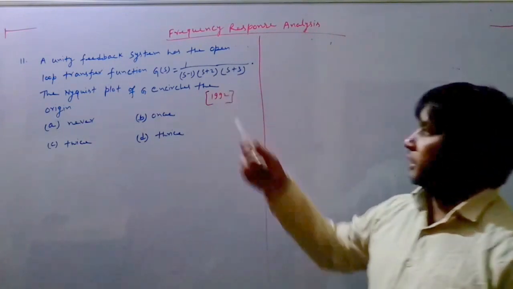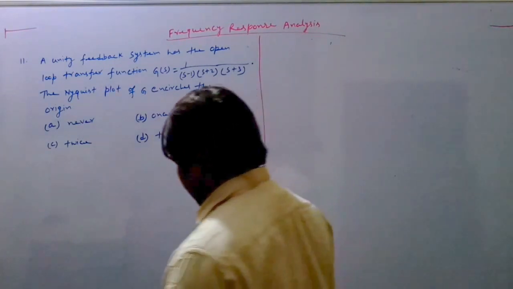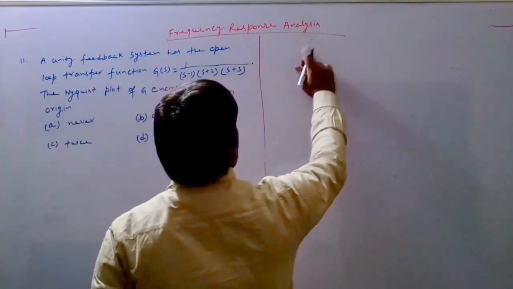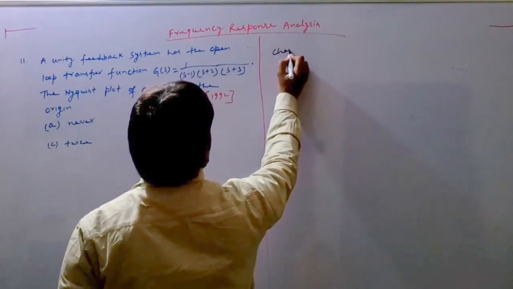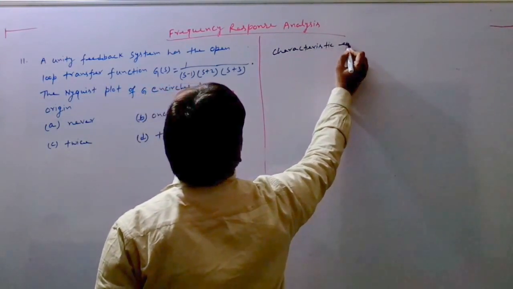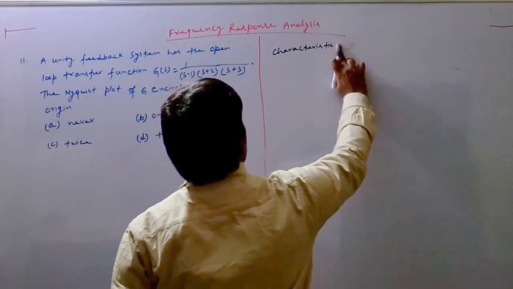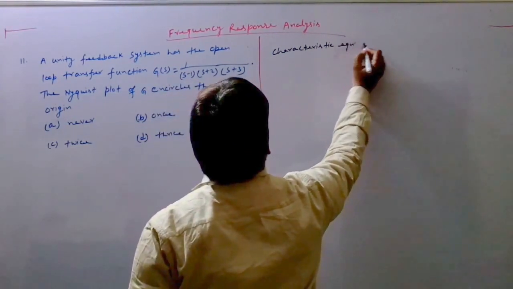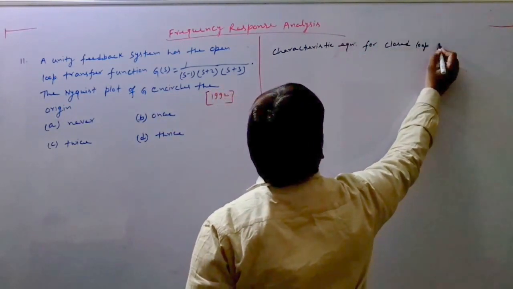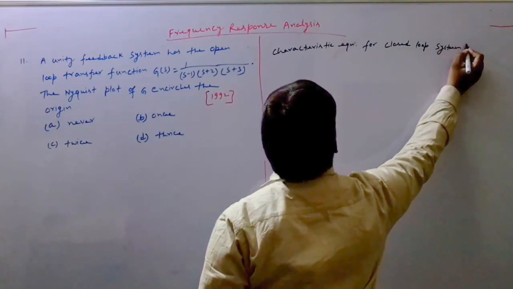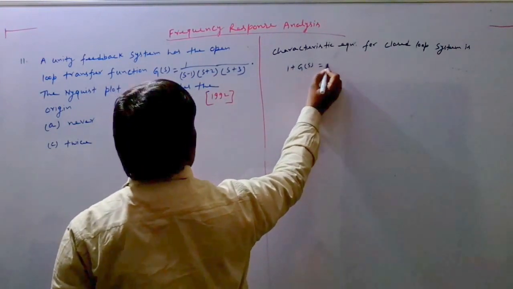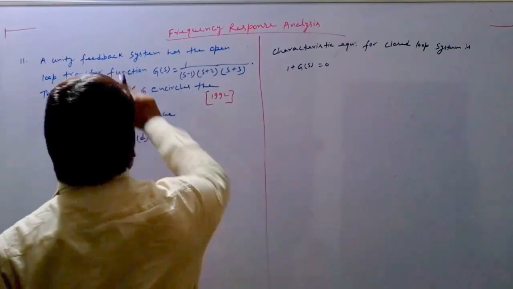Let me write the characteristic equation for the closed loop system, which is 1 plus G(s) equal to 0, because here it is unity feedback.